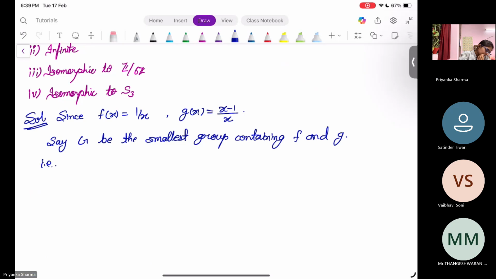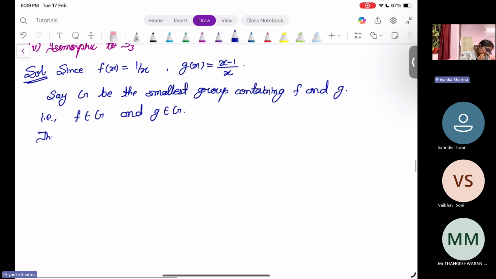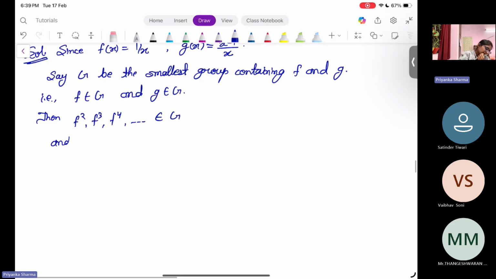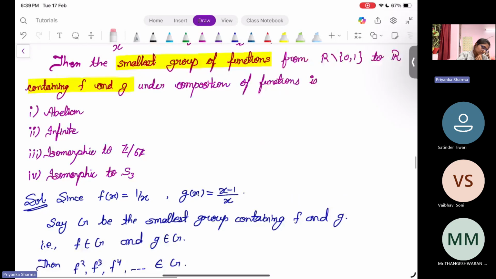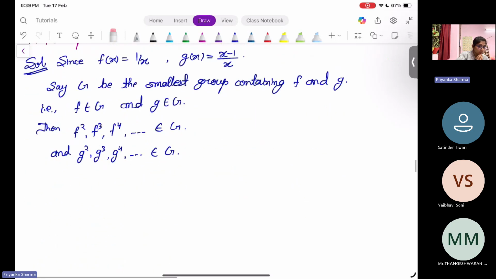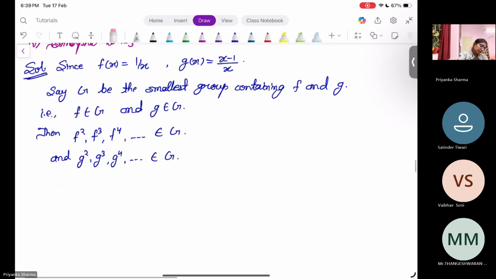That is, f belongs to G and g belongs to G. Then f square, f cube, f to the power 4 and so on will be in G, as well as g square, g cube, g to the power 4 and so on will be in G. Otherwise, the group operation, which is the composition of functions, will not be closed. So what will be f square?